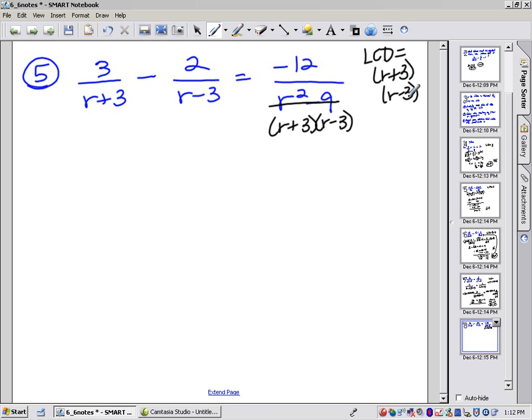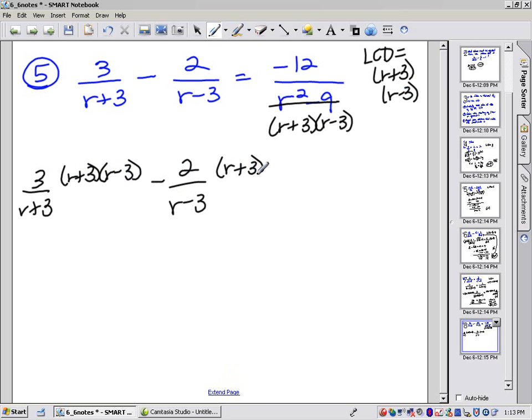So if we multiply every term in the equation by that, I'm going to squeeze this LCD in right here and then cancel what's common.